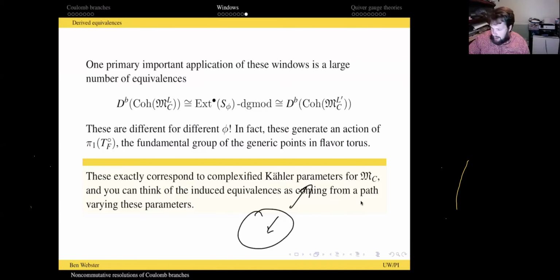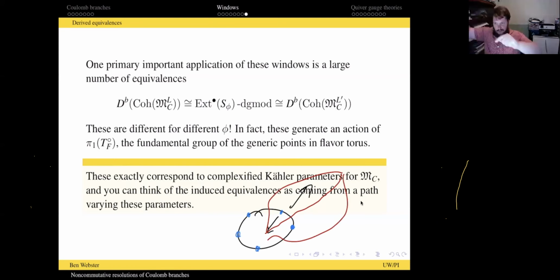Sorry. And so my equivalences I should think of as like a path going from very far out one direction to very far out another direction. But I get different ones if I go through different chambers on here. There are some bad points on here that don't correspond to resolutions.